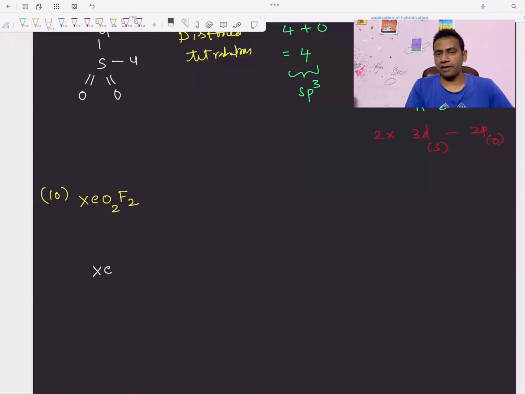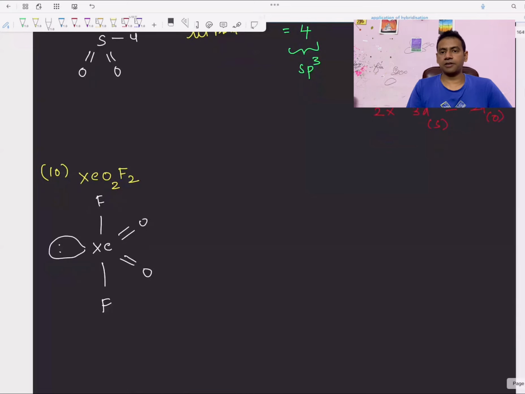Being 18th group, it has 8 valency electrons; 1 oxygen takes 2 electrons, 2 oxygens 4 electrons, and 2 more fluorines 2 more electrons, total 6 electrons. Therefore, it has a lone pair, and its VSEPR structure has double bond O, double bond O. The fluorines take axial positions to minimize the repulsions.